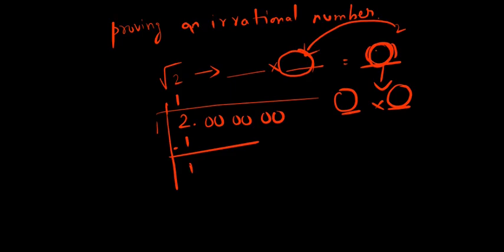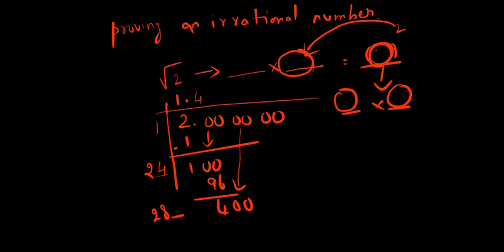Then afterwards this will be doubled to 2, and after 2 there should be some number. If you take 24, here also you have to take 4. 24 fours are 96. 4 will be remaining, another two zeros. This will be doubled, 28. Here, 281 ones are 281. Like that, they will be going.